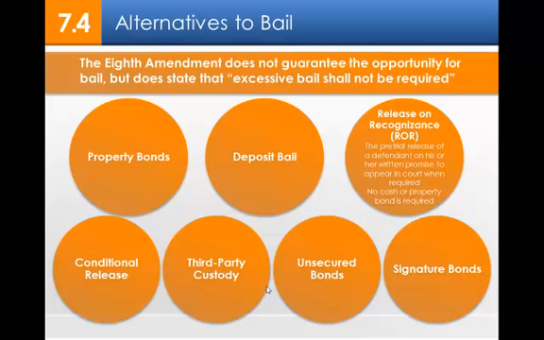The other one is third-party custody, which is the professional bail bondsman. Somebody puts up the money for you, and then pledges. The professional bail bondsman has got a really bad reputation, particularly because of their retrieval practices and a lot of corruption. So they get 10%, and that's where we got the idea of deposit bail.